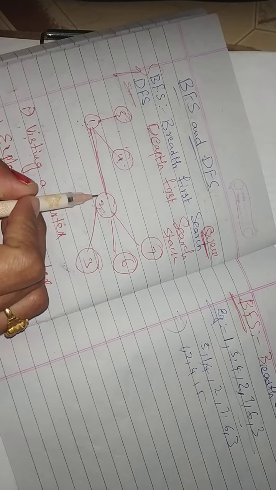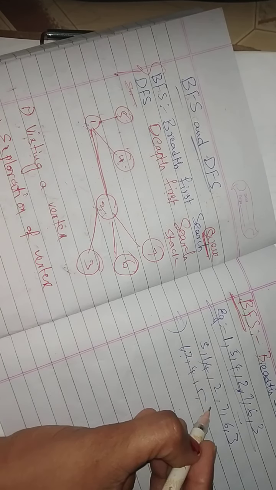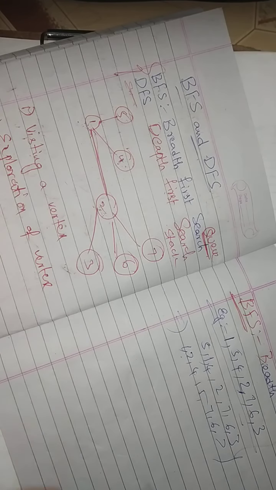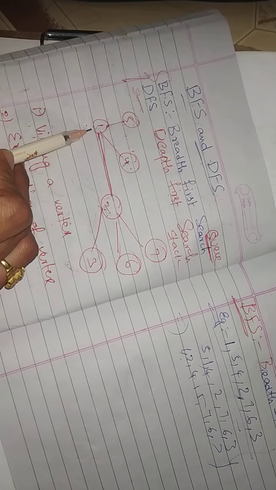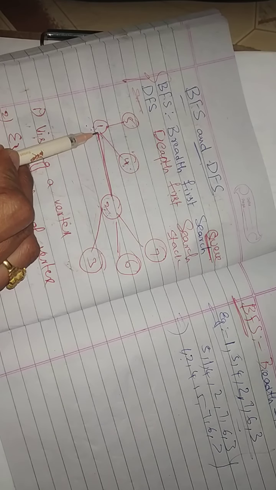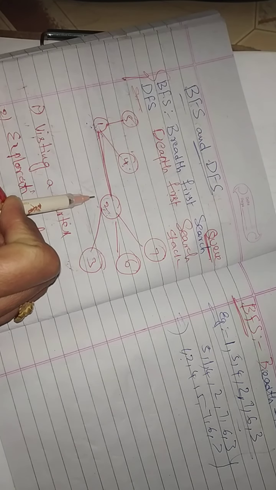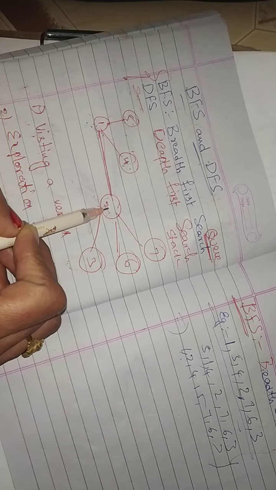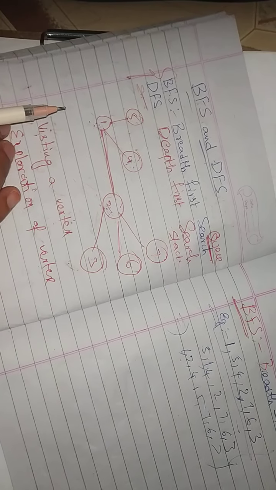Next, an exploration is here. 2 is already completed, so after 2, 7, 6, 3. You can take any order, no problem. But what is the rule in BFS? If you go to any vertex, explore it completely, and again if you go to that exploring vertex, then explore it completely. That is the rule in BFS.